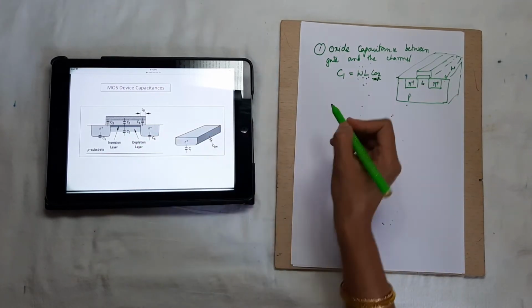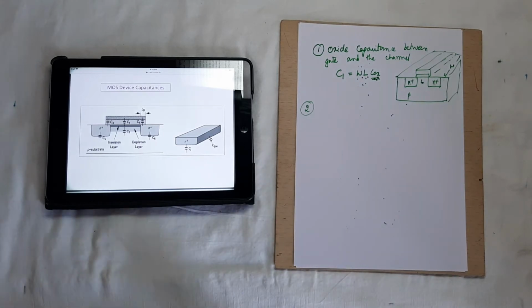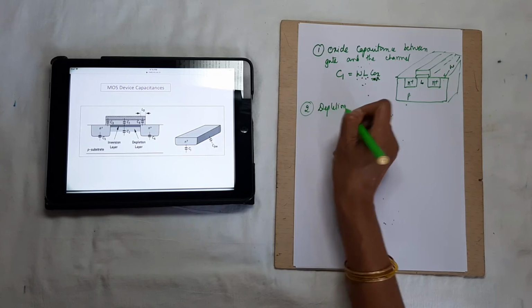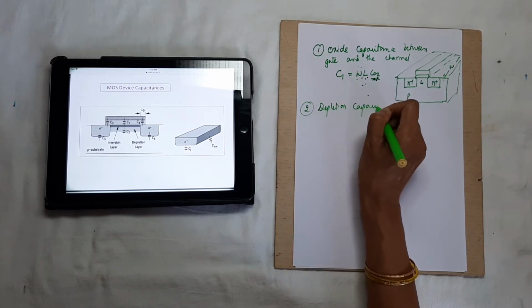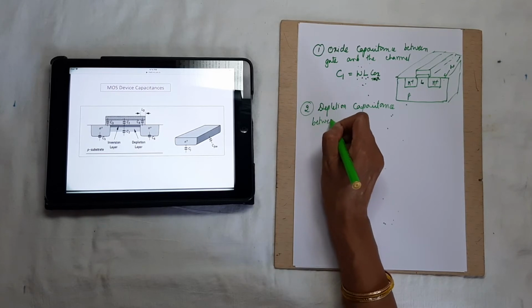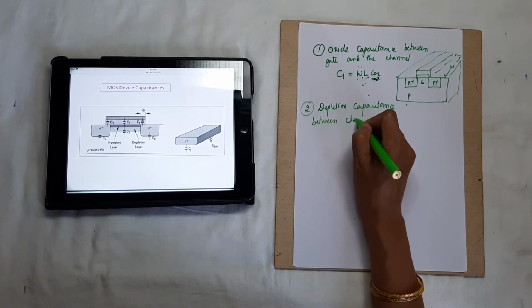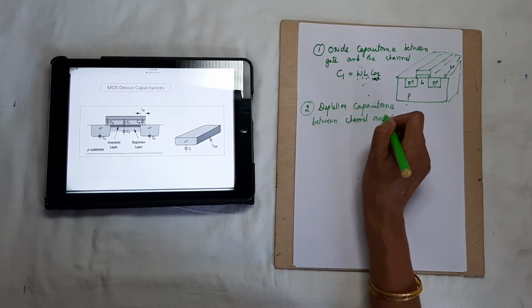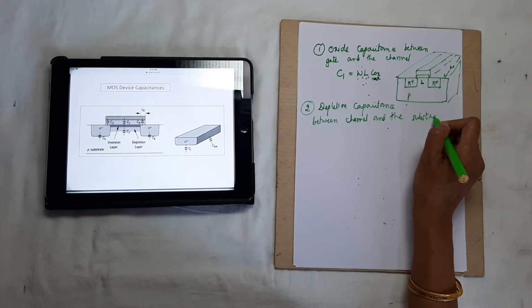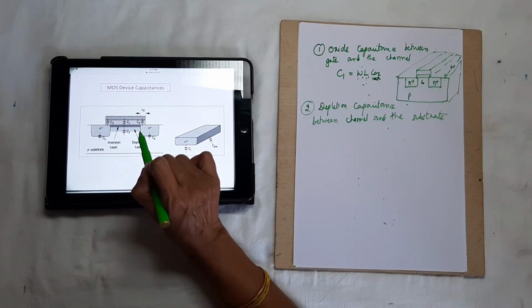Second is the C2 capacitance, the depletion capacitance, between the channel and the substrate. The depletion layer is formed here.